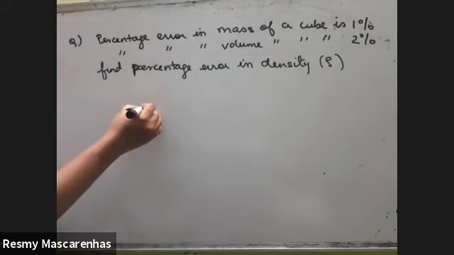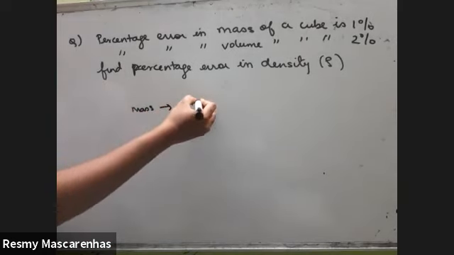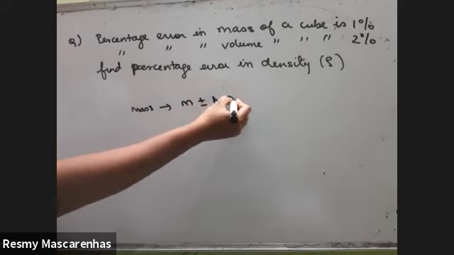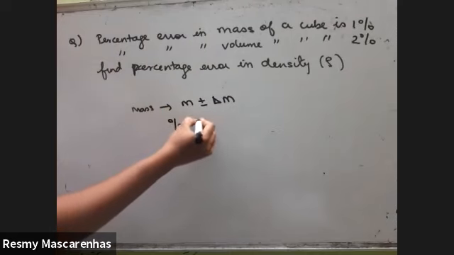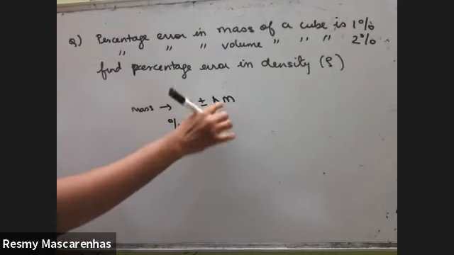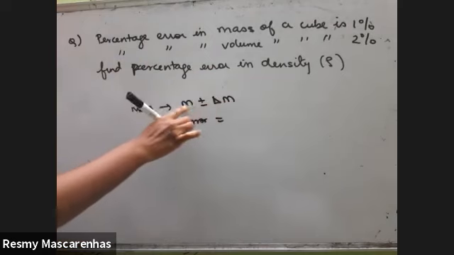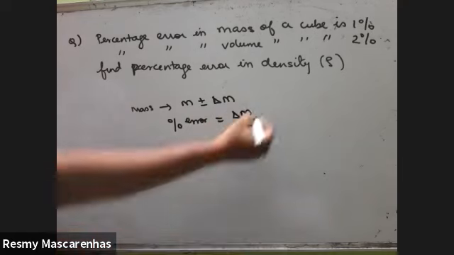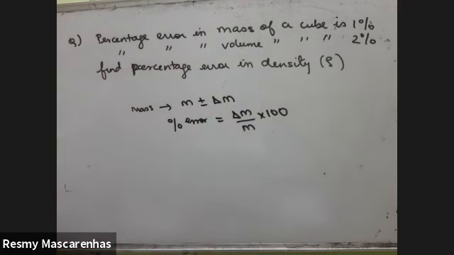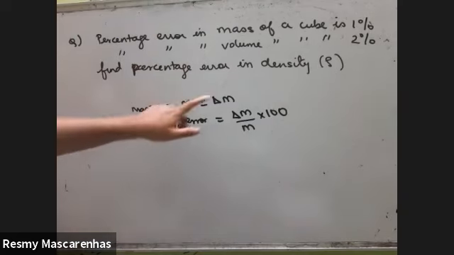So whenever you are given any mass, how it will be given to you? M plus or minus delta M. And just now we have seen percentage error will be what for mass? Always your error upon actual into 100. Anytime any unit has been given, how to find percentage error of that?